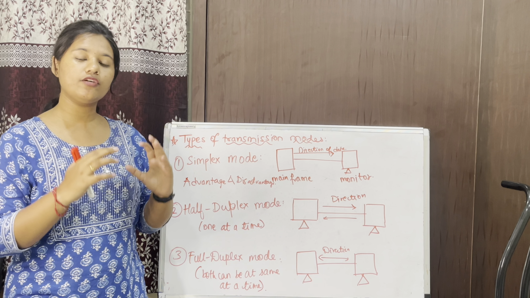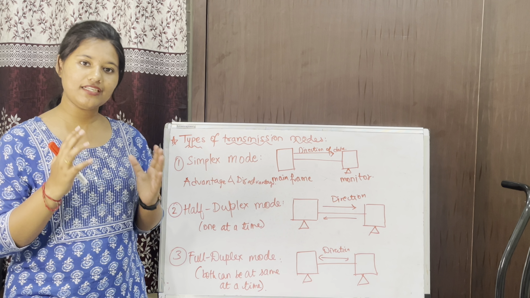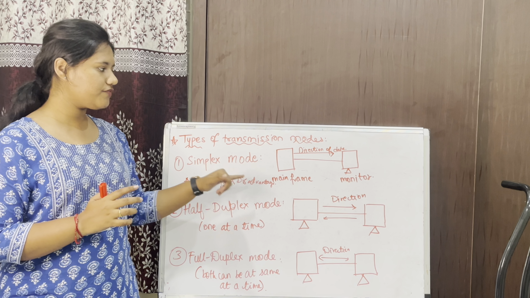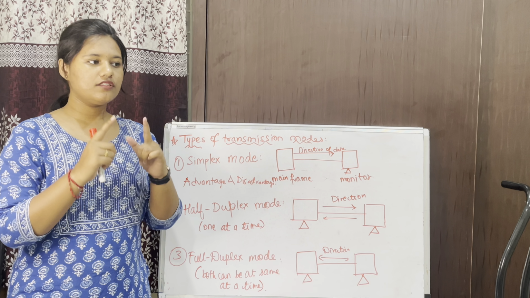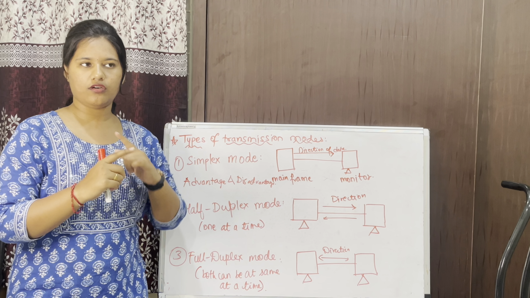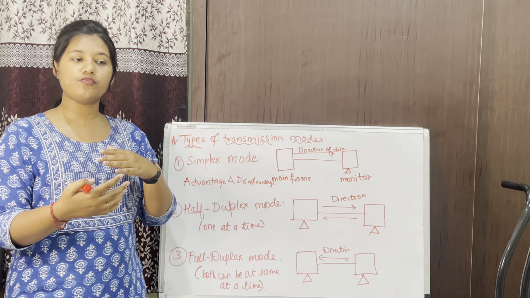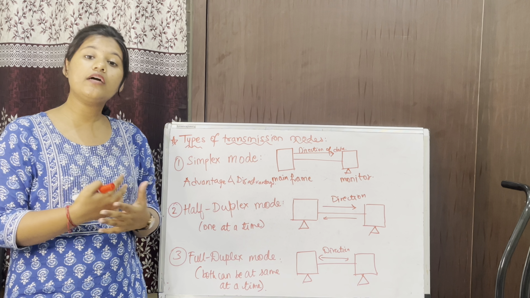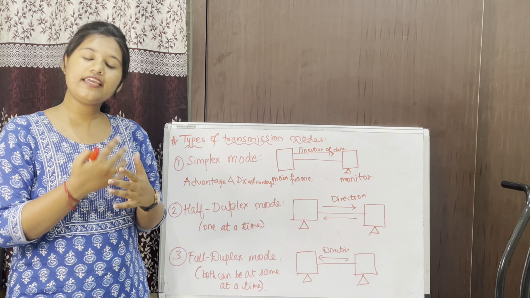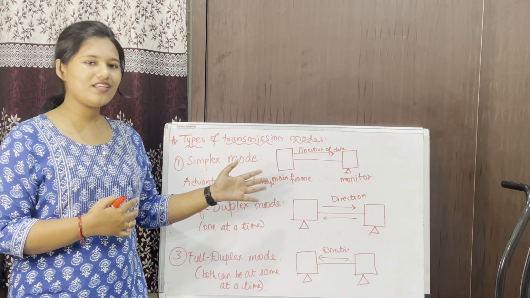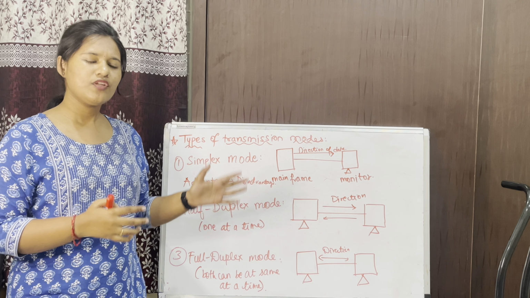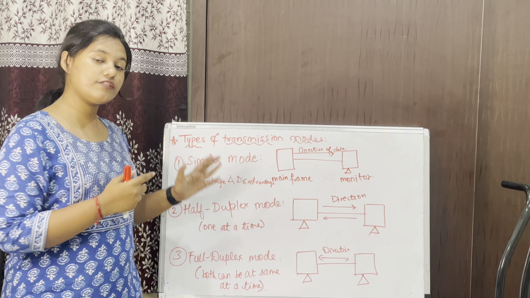It means that it can send a lot of data at a single time. The disadvantage is that there is no intercommunication between the two devices. The most commonly used and most accurate communication is when there is intercommunication between two devices, where there can be faster exchange of data, but here it can only receive or send the data. So that is a drawback of simplex mode.